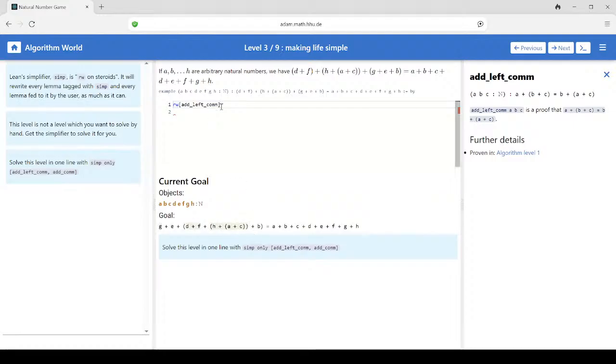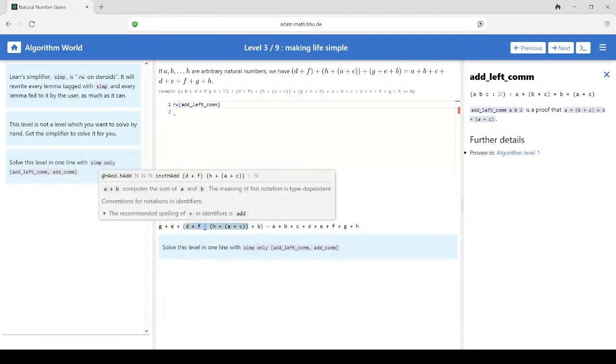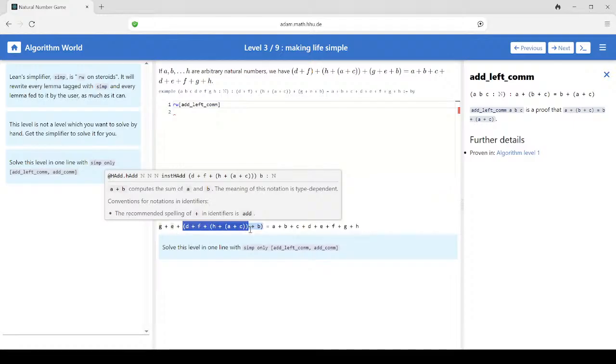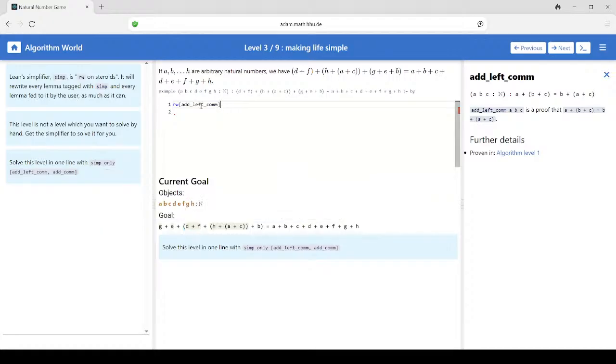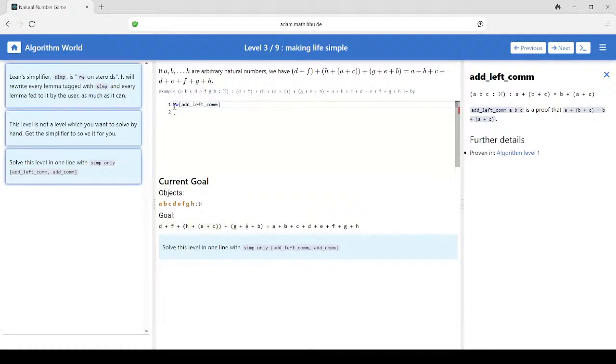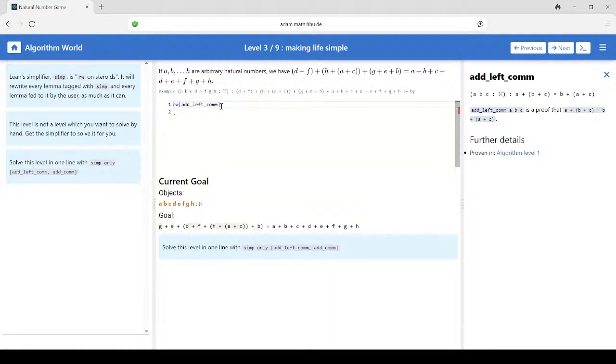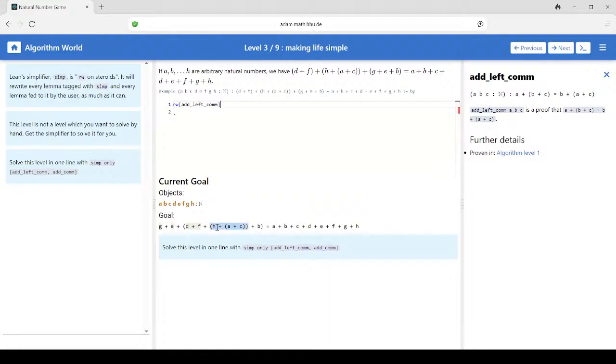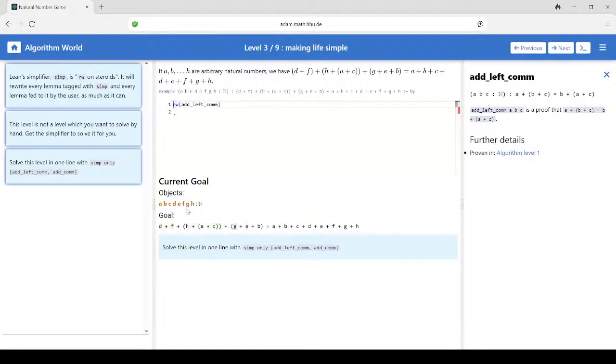G plus e plus b. Okay, so plus b, it's at the very end here. Oh, I see. G plus e is being switched with this entire block. This whole thing will trade places with G plus E. So we'll end up with D plus F at the beginning. Wait, no. No. I was, okay.